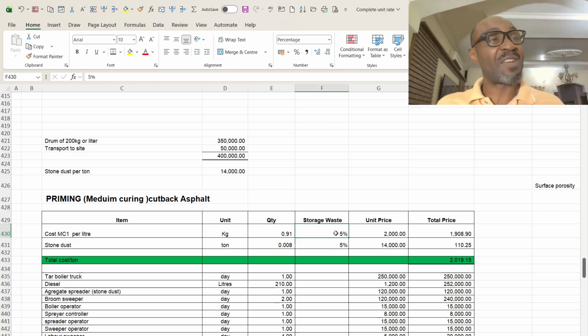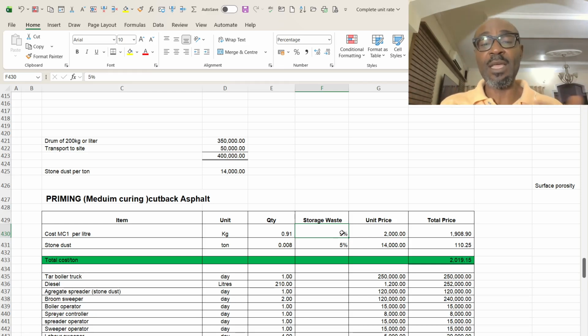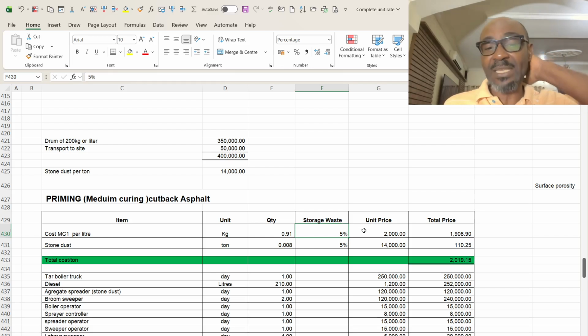I considered a 5% waste. Of course, in every endeavor there must be waste, which could be as a result of the spreading, and some gaps that will consume this material because the road was not properly graded and all of that. So I made a consideration of 5% waste.